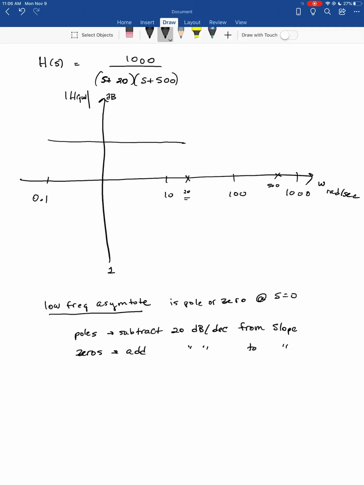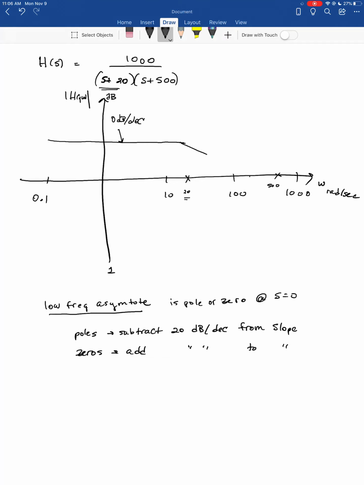Okay, so all I have here are poles. So when I get to the first pole, my new slope of the transfer function is 0 dB per decade, which was my original slope, minus 20 dB per decade, which is what the contribution of this term will be.